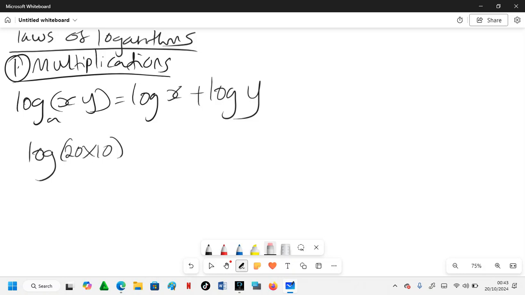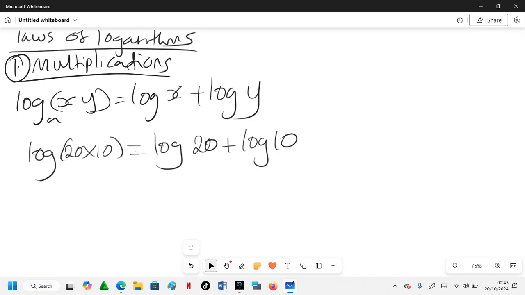If you're given log of 20 times 10, it can be simplified further: it's just the same as log 20 plus log 10. Log of a times b is the same as log a plus log b.